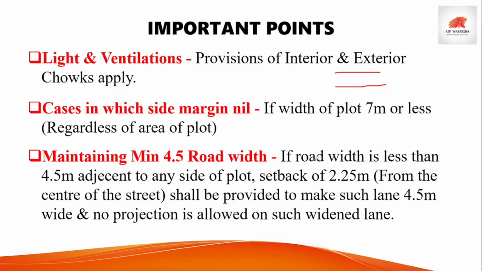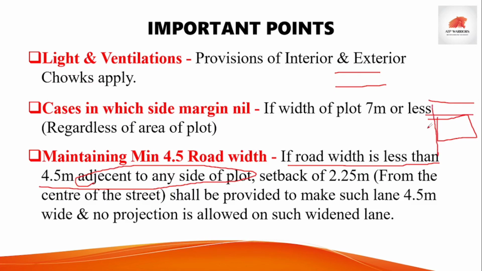So if the road width is less than 4.5 meters adjacent to any side of the plot, means suppose your plot is here, and the road is on this side or this side, and its width is below 4.5 meters. The minimum setback required, the front marginal distance, is 2.25 meters from the center of the street. We are particularly saying the center of the street for road widths below 4.5 meters.